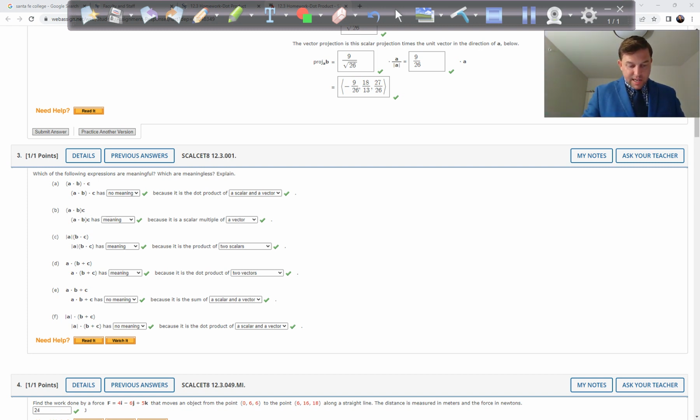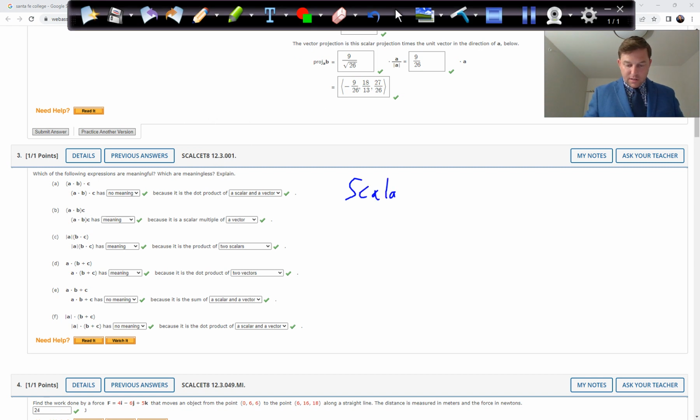In this one it says A dot B, which is a scalar, dotted with C. So you can't take a scalar dot product a vector. So that doesn't work. Now there's a subtle difference here. You can take a scalar times a vector.